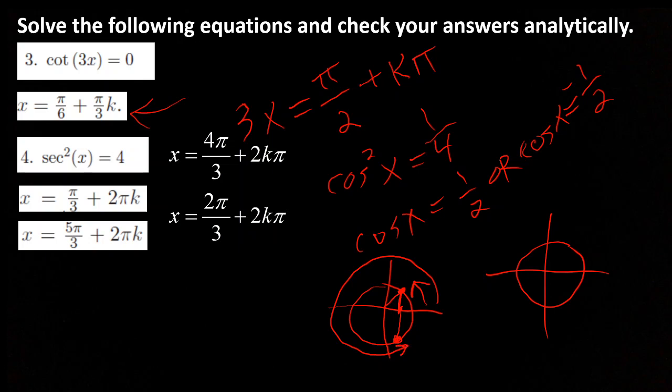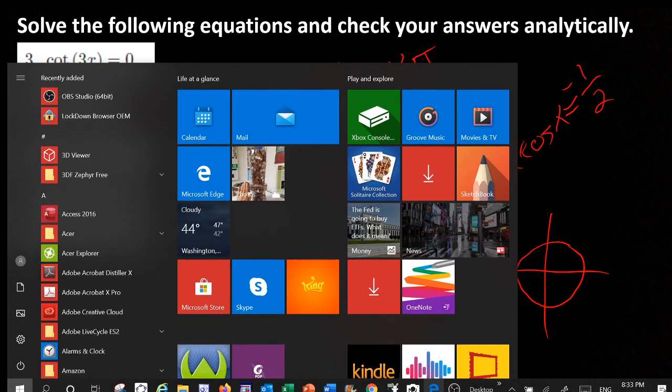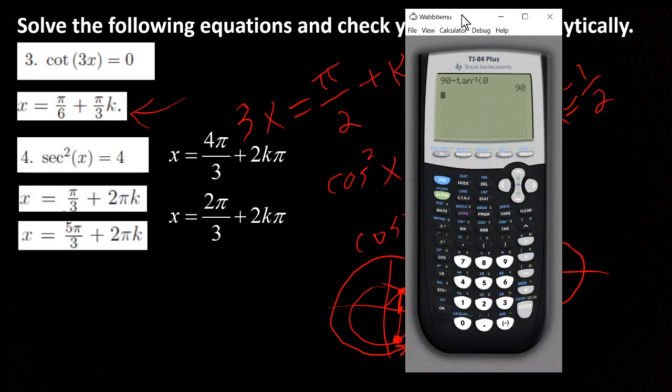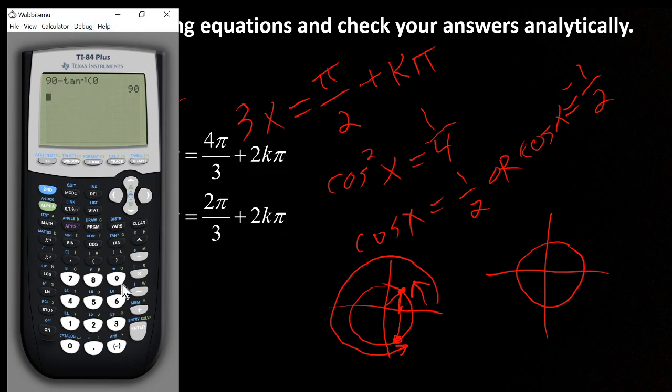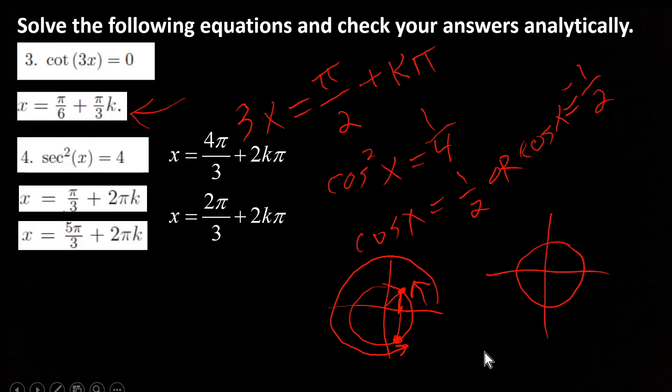Well, again, if you don't remember, you can always use the calculator and do cosine inverse of 1/2, and you get 60 degrees. So that's pi over 3. That first one is pi over 3, and this big one is going to be 5 pi over 3.